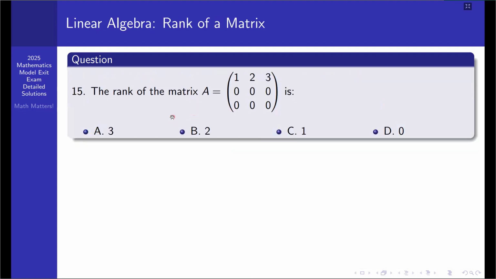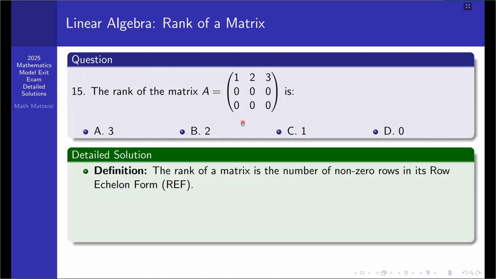Question number 15. The rank of the matrix A, [1, 2, 3; 0, 0, 0; 0, 0, 0], is blank. We know that the rank of the given matrix is the number of non-zero rows in its row echelon form, so we need to find its row echelon form.